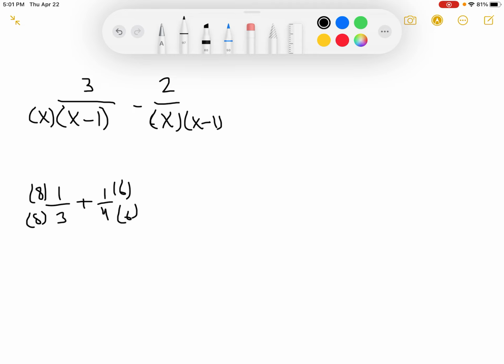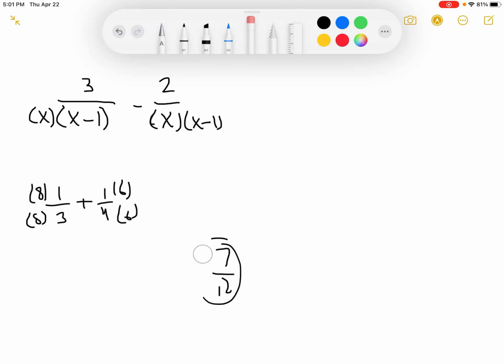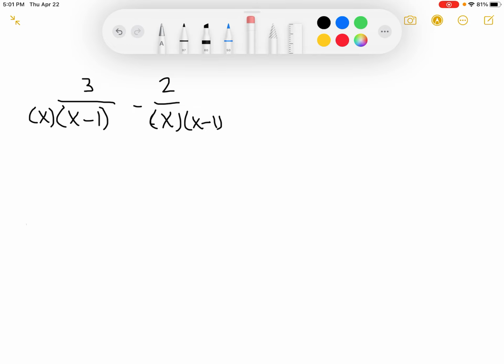But would that give us the simplest answer? We would get 8 over 24, and then 6 over 24, which would give us 14 over 24, which does simplify to 7 over 12, which is the same thing we got last time, but it's not the simplest answer. So you can always multiply those denominators, but then you might end up with crazy things like quadratics and things that are harder to solve. So only do that when you have to, and you do in this case.